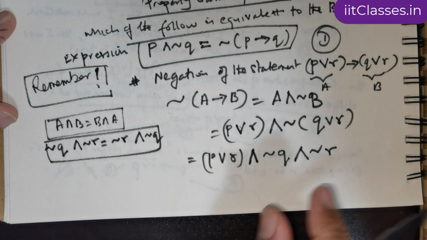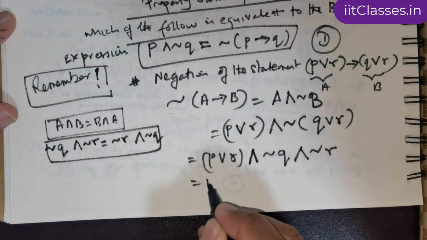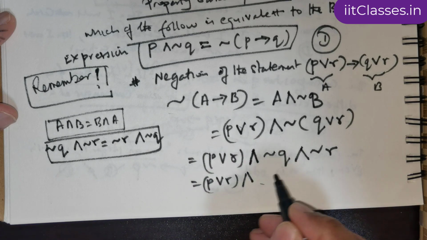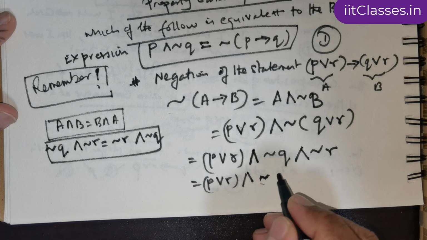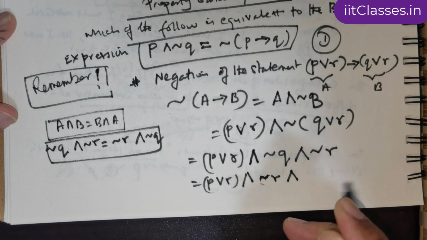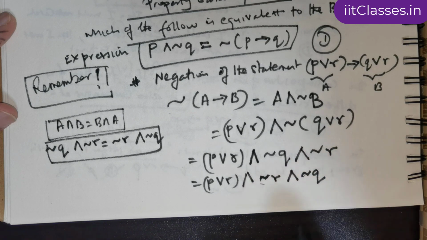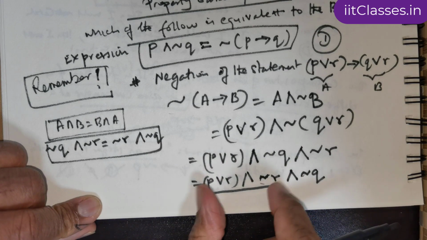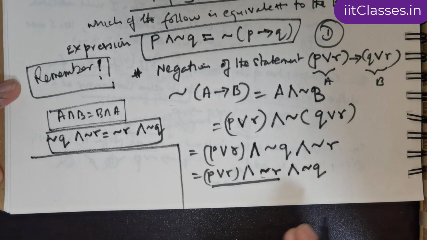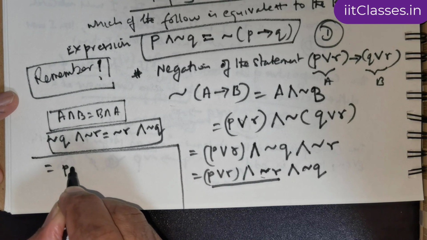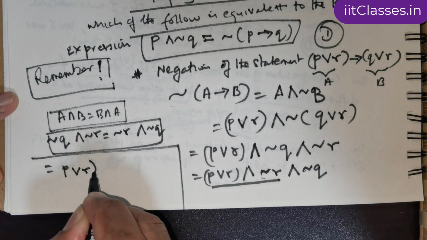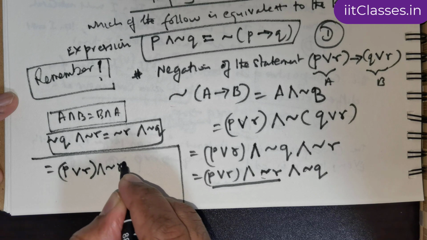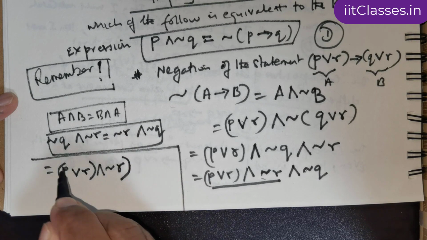So I would like to flip this and rewrite this as P disjunction R, you got that conjunction there, followed by negation of R conjunction negation of Q. This is what we have got. Now what I wish to do is, I would like to rewrite this by clubbing them together. So let me use this space here. So this is equal to P disjunction R followed by conjunction negation of R, parenthesis, right?